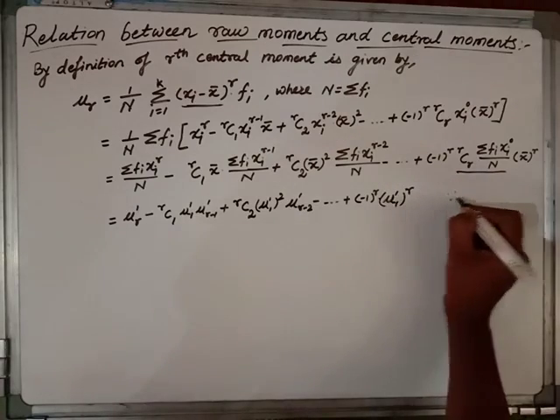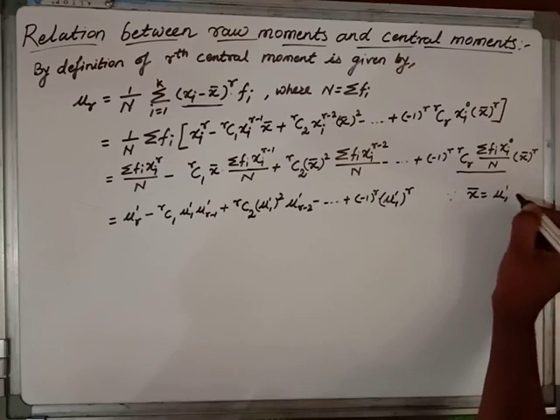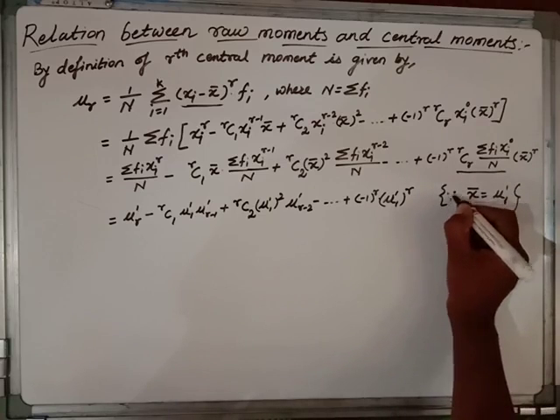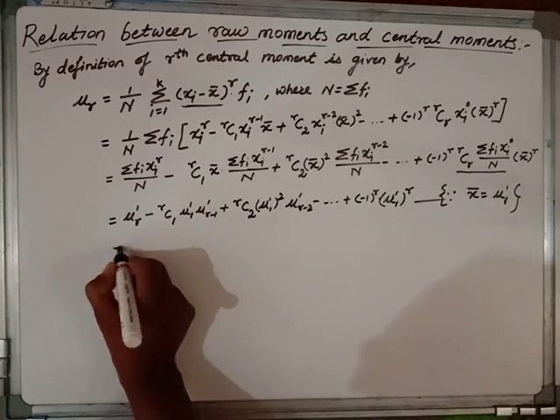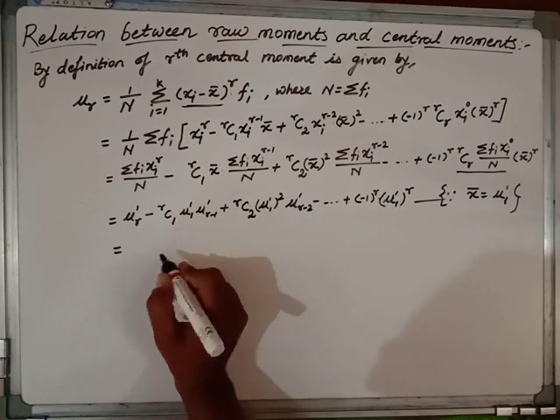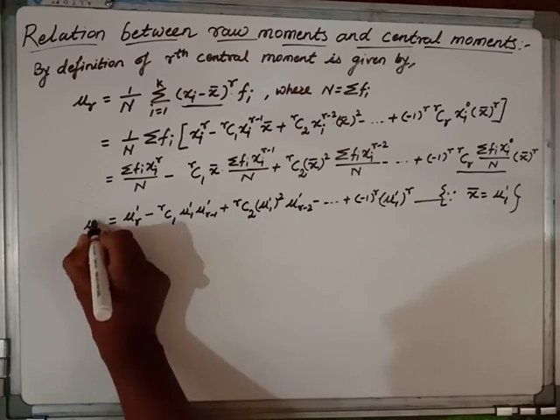Here I can write the reason: since x bar is equal to mu1 dash. Okay. Now this whole expression is equivalent to mu r. Let me write it as is.